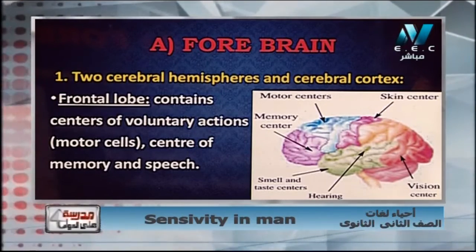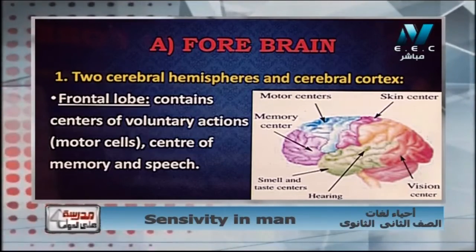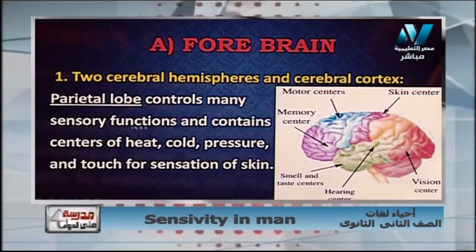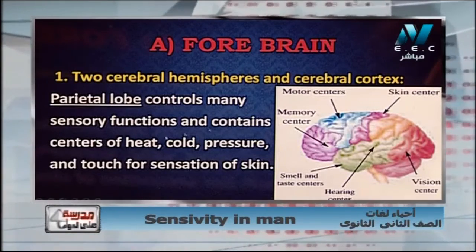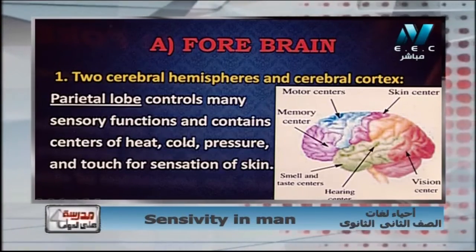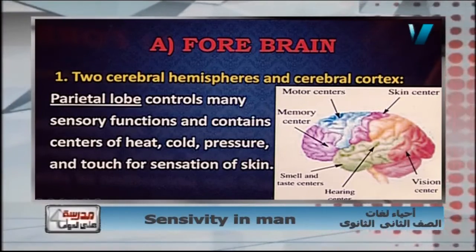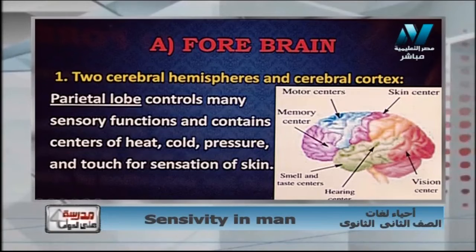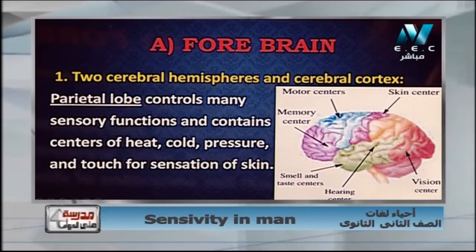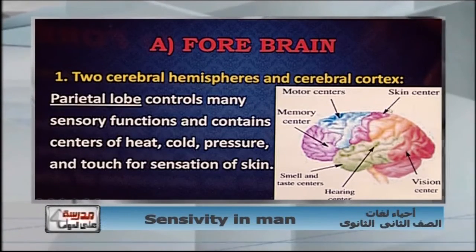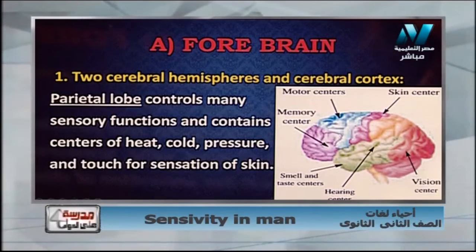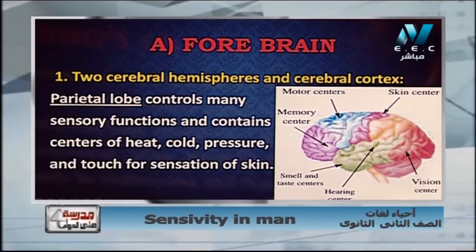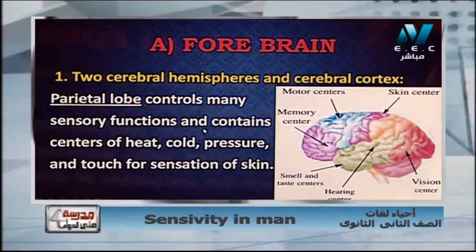The parietal lobe controls many sensory functions and contains centers of heat, cold, pressure, and touch for sensation of skin. It is located at nearly the top of the two hemispheres. You see the skin centers and motor cells.